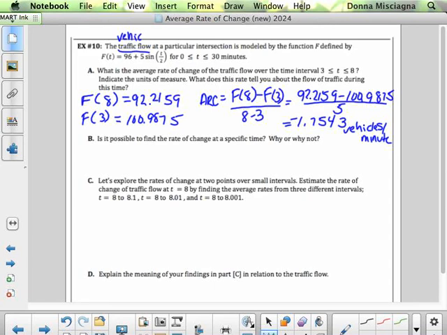Those are vehicles. I wouldn't put traffic per minute. How do you count a traffic? What is 5 traffics?